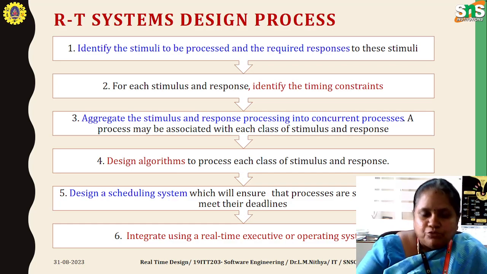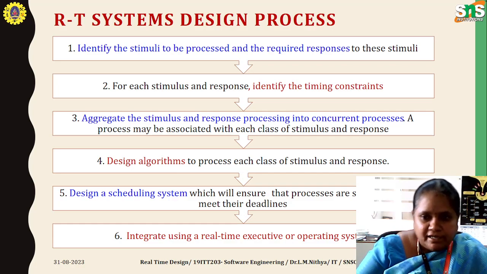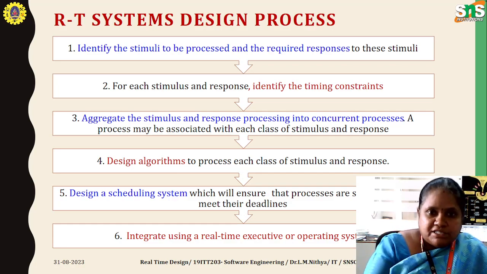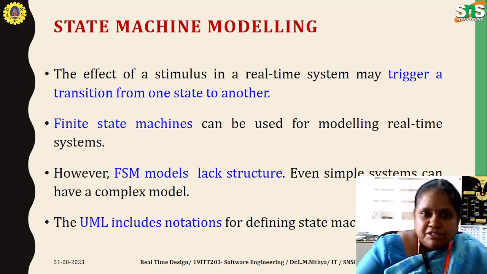I think you might be very clear now what a real-time system is, what a real-time system process is, what periodic and aperiodic stimuli are, what stimuli and response are, all those things. State machine modeling: the effect of a stimulus in a real-time system may trigger a transition from one state to another. So finite state machines can be used for modeling these real-time systems.